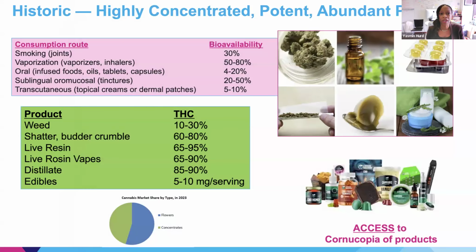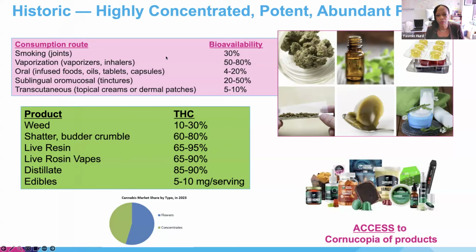Indeed, we are at historic times of cannabis being highly concentrated, highly potent, and there's an abundance of products available today like never before. These concentrated THC products, such as shatter and the resins, can even give THC concentrations up to 80 or 90%.